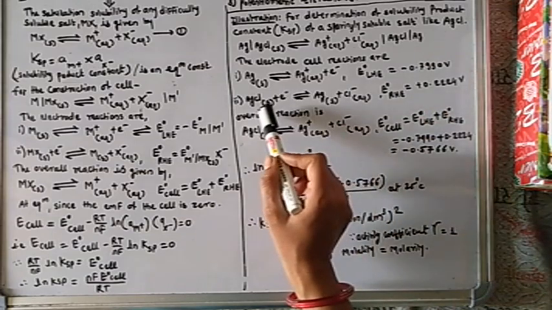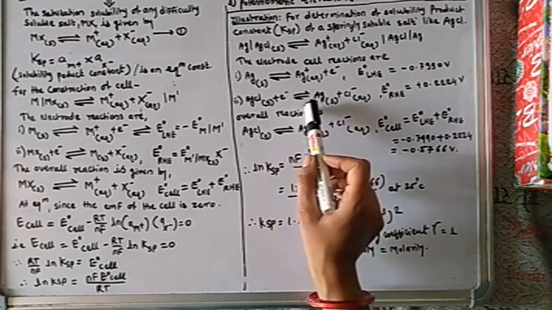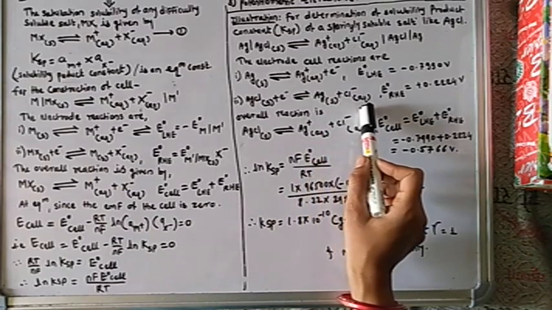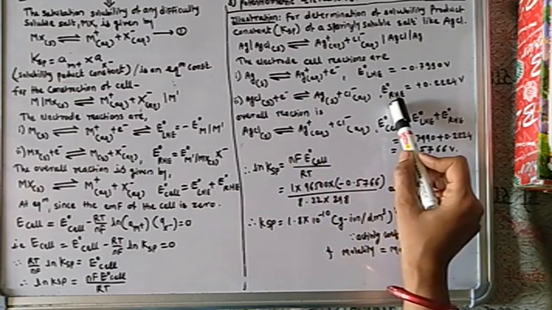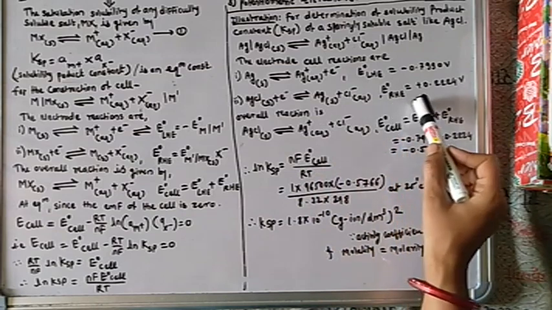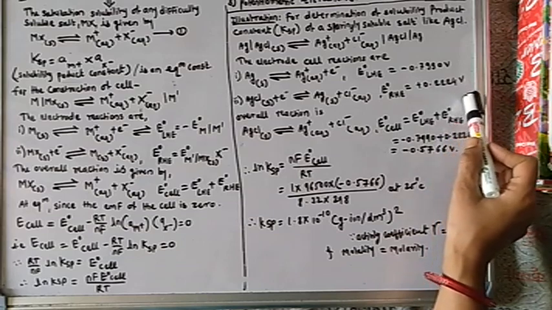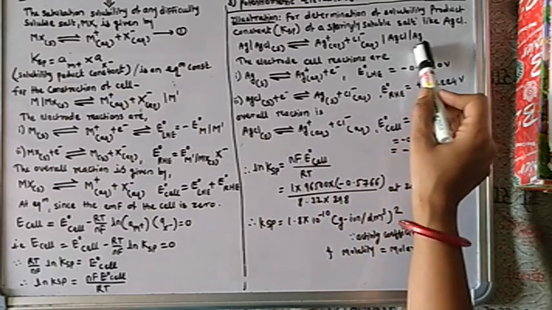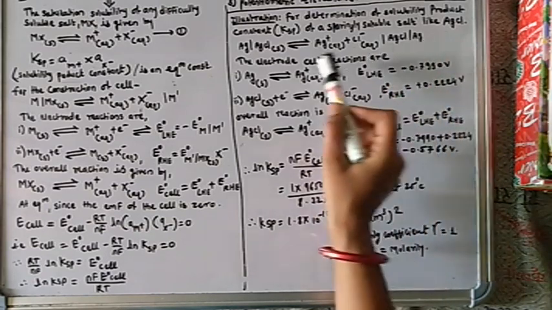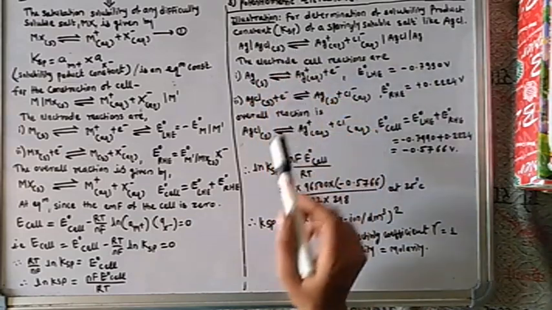The right hand electrode reaction is AgCl plus electron reversible gives Ag plus Cl-, and the electrode potential E standard of right hand electrode equals plus 0.2224 volt.